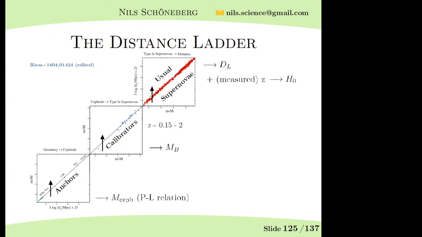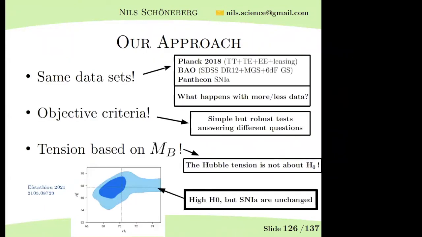And thus, you can just take the MB value from SH0ES, but you do the last step yourself, basically, with the Pantheon supernovae data, and so on. So that's why we put a prior on MB instead of H0. We just look at what kind of prior on MB would correspond to the value of H0 that the SH0ES collaboration found at first, using, for example, the Pantheon supernovae. And then we take that as a prior on our MB.